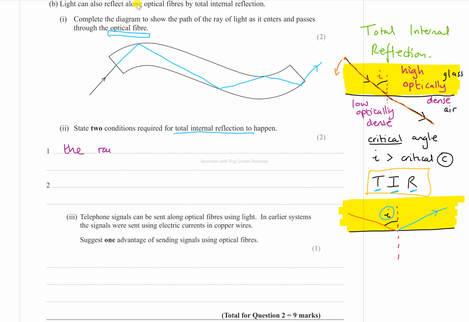So first of all, the ray has to go from a more optically dense material towards a less optically dense material.